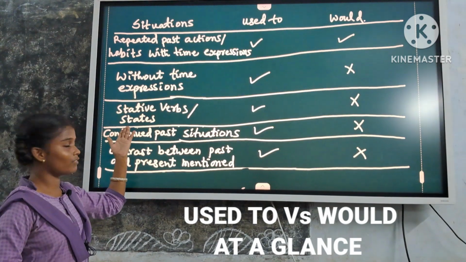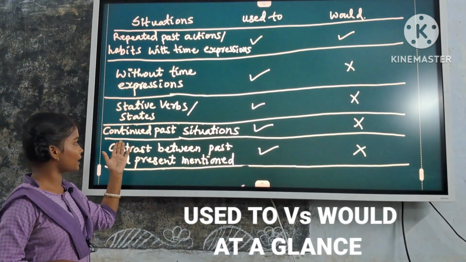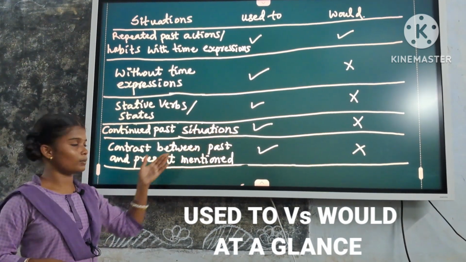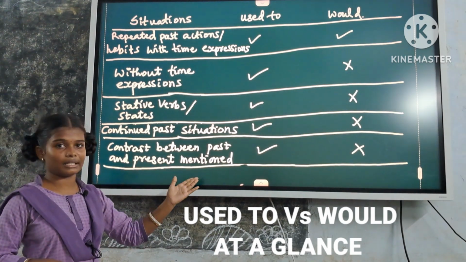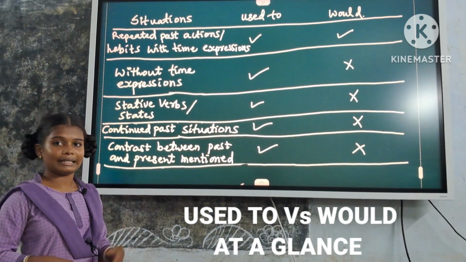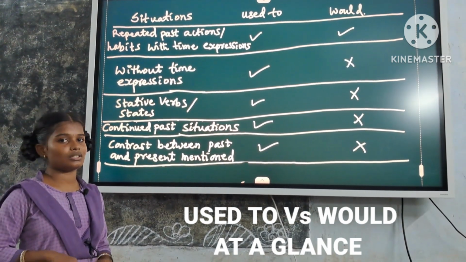For stative verbs or states, we use only used to. For continued past situations, we use only used to. For contrast between past and present mentioned, we use only used to. From this table, it is clear that if you have a doubt, better use used to.